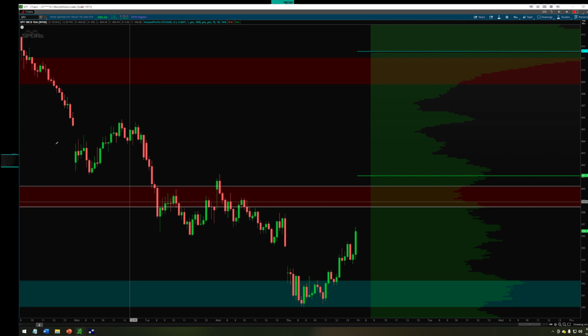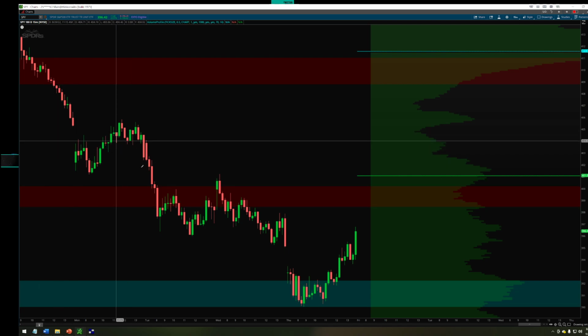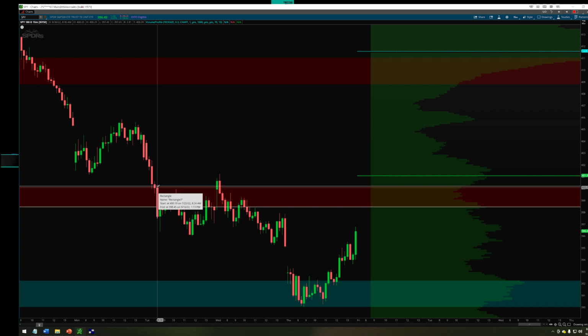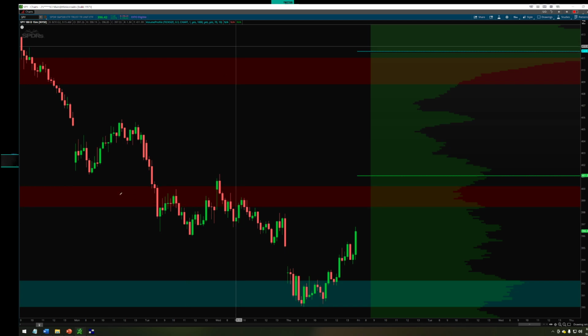Once you approach this zone, you know that this zone is a supply area, right? So it's gonna be less likely that you're gonna have a rejection the first time because it's red, it's supply. But on the other side, you saw here a little bit of a move, then it came back down, and then you have the next one.